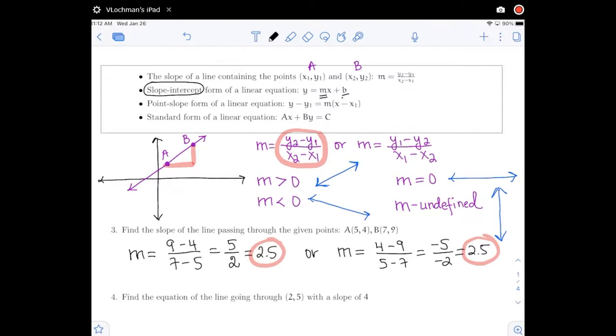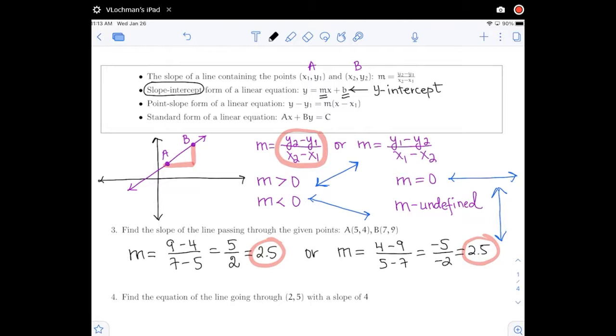If x is equal to 0, that's where the line crosses the y-axis. This is one of the most common forms to use. This is how we usually see our equation, for example y is equal to 3x minus 5.